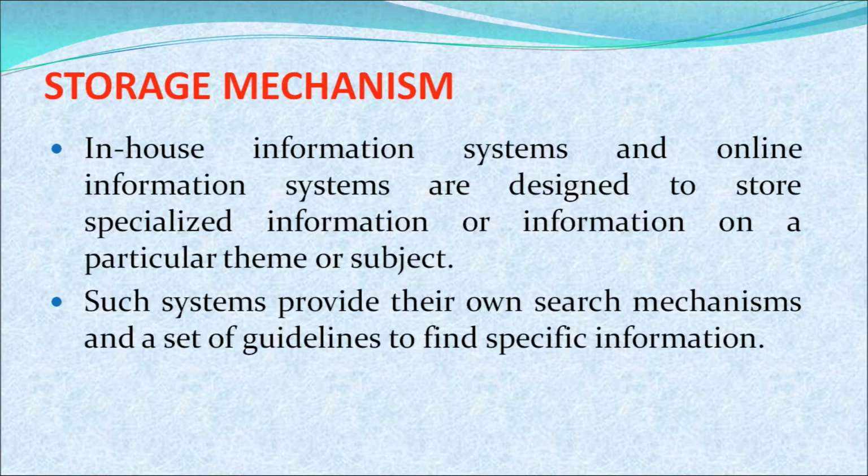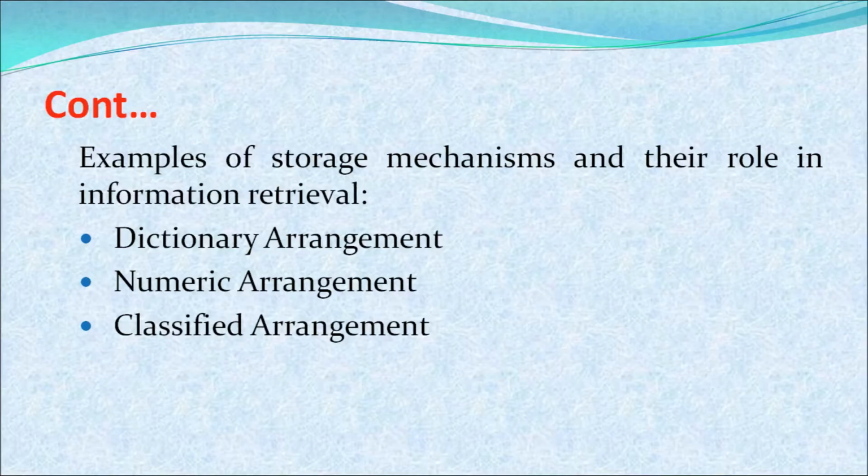Such systems provide their own search mechanisms and a set of guidelines to find specific information. Examples of storage mechanisms and their role in information retrieval are dictionary arrangement, numeric arrangement and classified arrangement. Now we come to the dictionary arrangement.